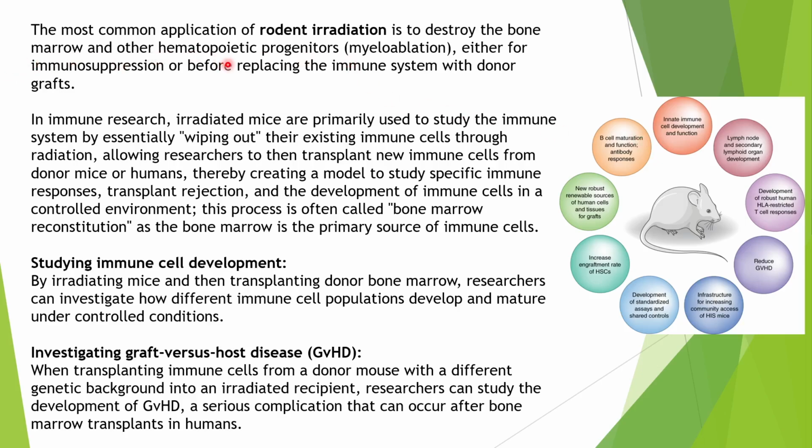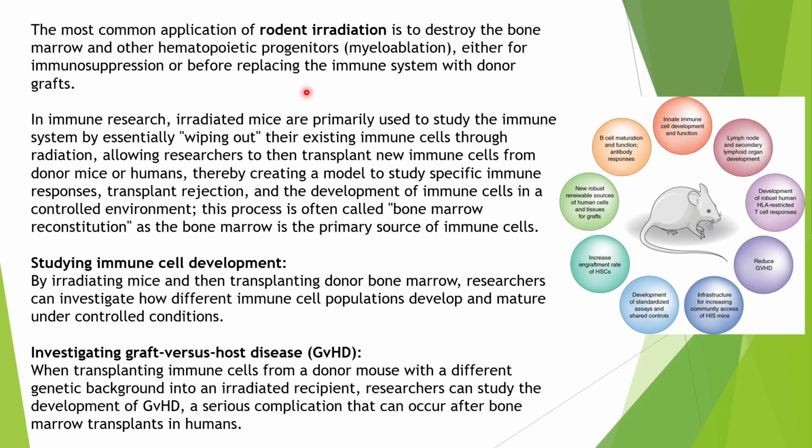The most common application of rodent irradiation is to destroy the bone marrow and the other hematopoietic progenitors. This is myeloablation, either for immunosuppression or before replacing the immune system with a donor graft.